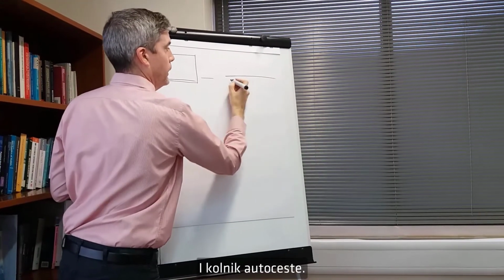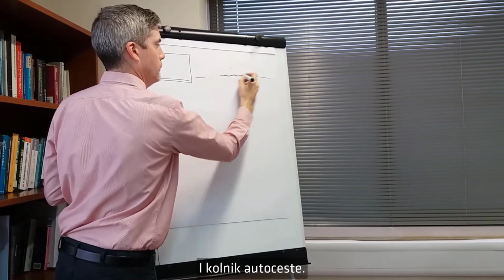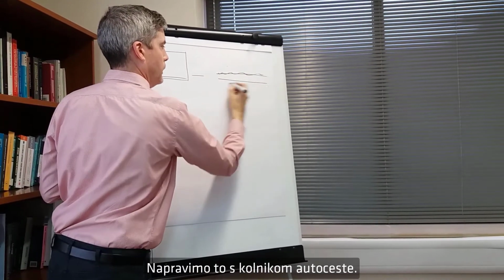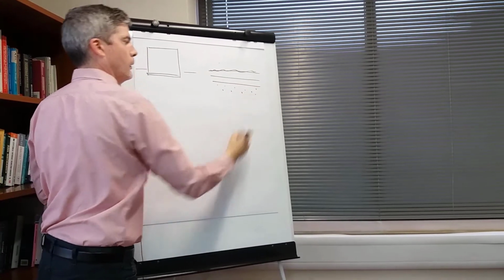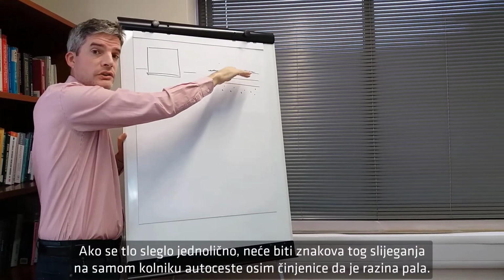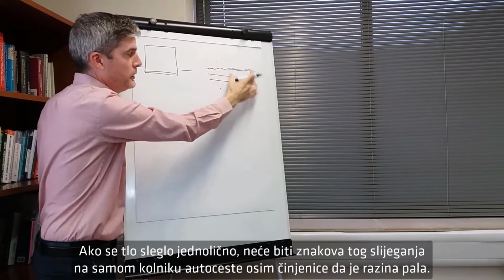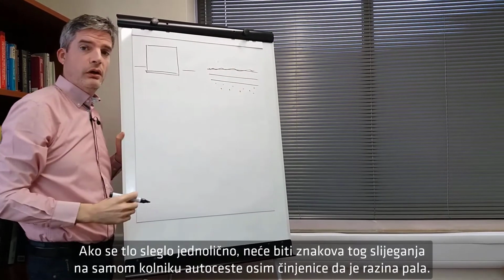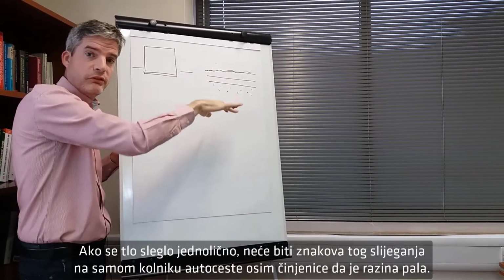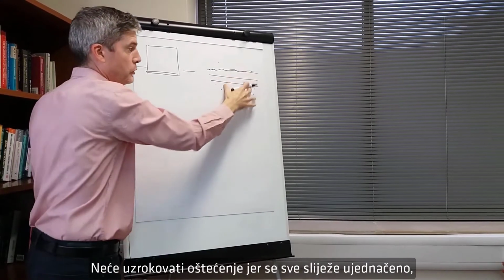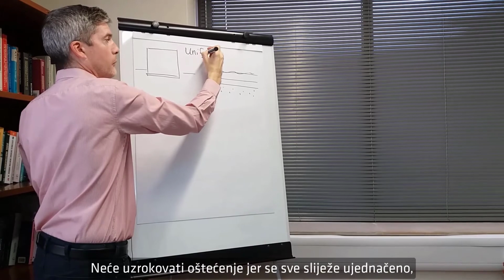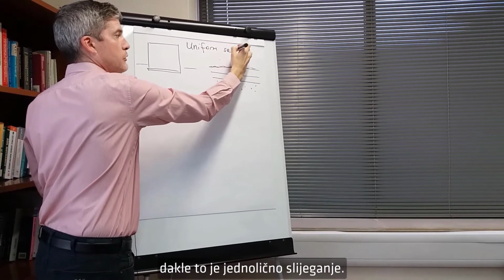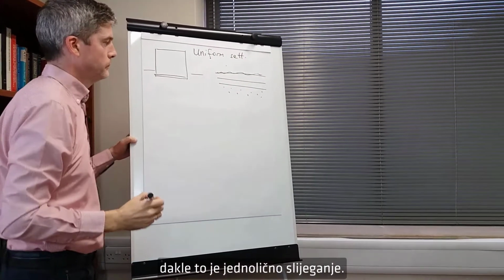And a highway pavement: if the soil settled uniformly, there'll be no sign of that settlement on the highway pavement except for the fact that the level has dropped. It will not cause any damage because everything is moving down the same. So that is uniform settlement.